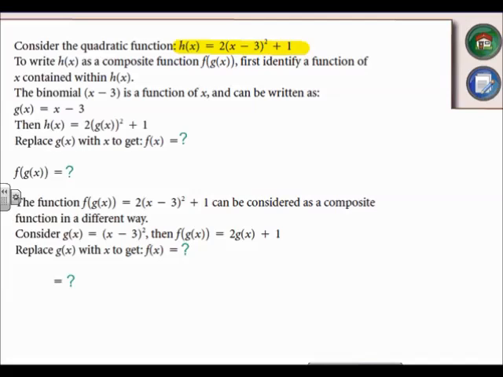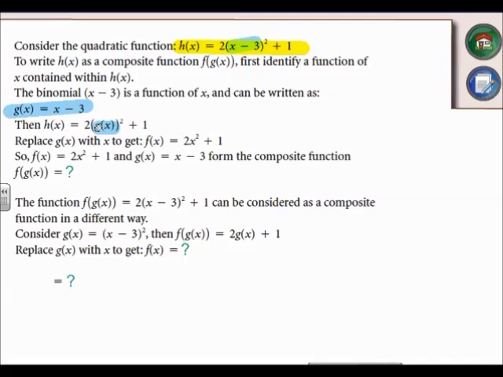Let's pull that out and make that its own equation. So then that slides through right there. We've replaced that x minus 3 with a g of x. And then wherever we put that g, just put an x there, and we've got the other equation.